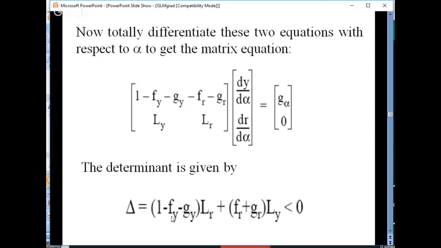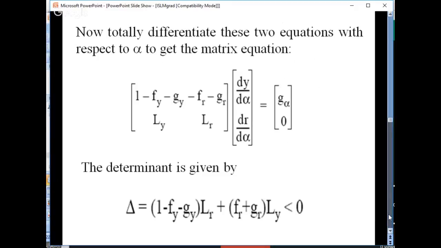So this first term is negative. I know f of r is negative, and I know g of r is negative, and L of y is positive. So the second term is also negative. So the determinant of this matrix is negative.